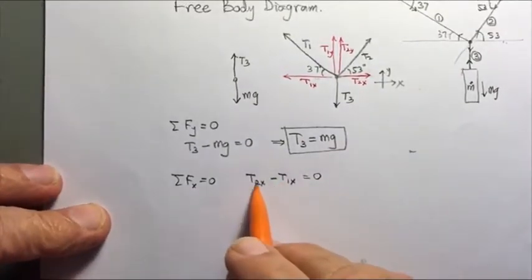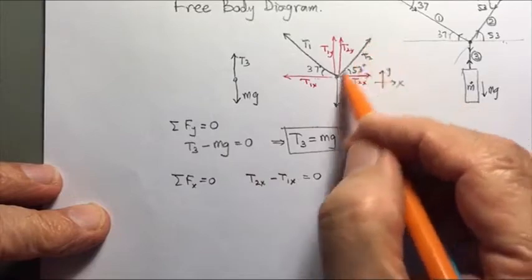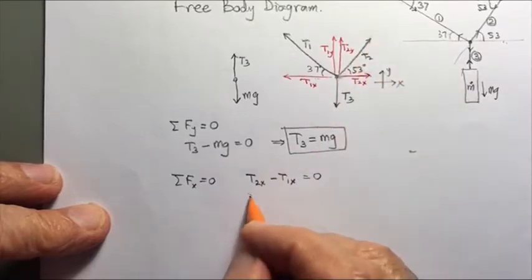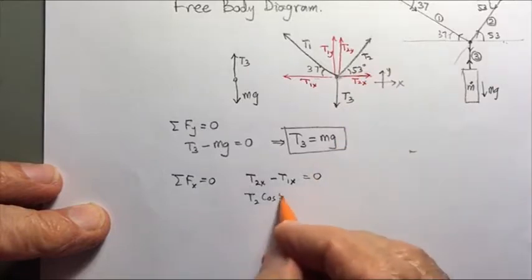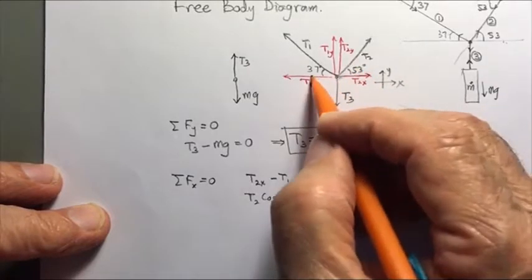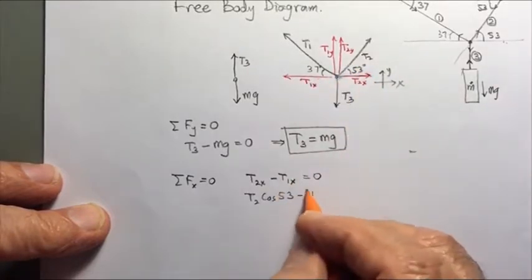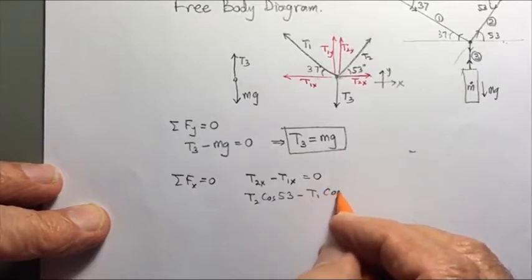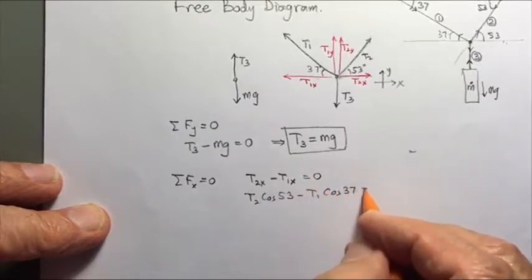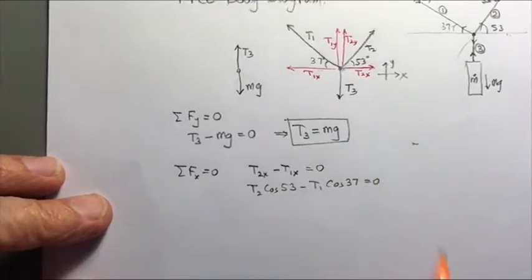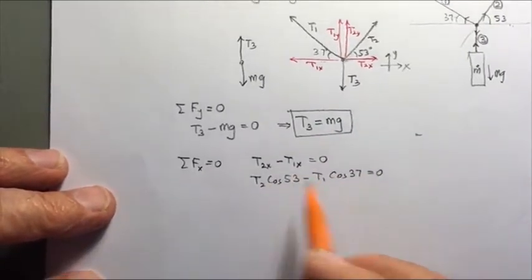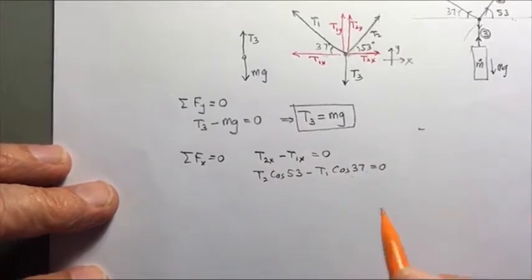And now the T2x is going to be T2 cosine of this angle, and T1x is going to be T1 cosine 37. So we know the cosine, so we have another equation.